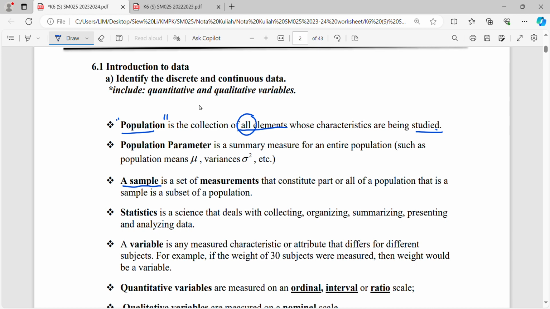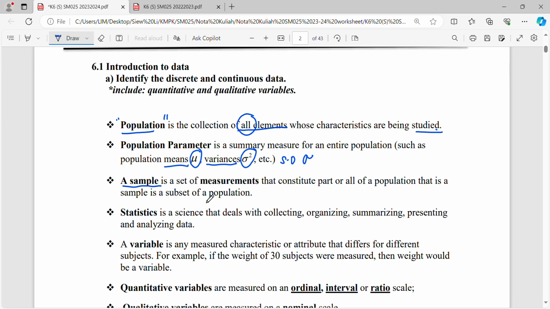Whether your data is taken from a population or a sample is important, because the way of calculation is different. When you're taking your data from a population, the mean will be denoted as mu, the variance will be denoted with sigma squared, and the standard deviation will be denoted as sigma.